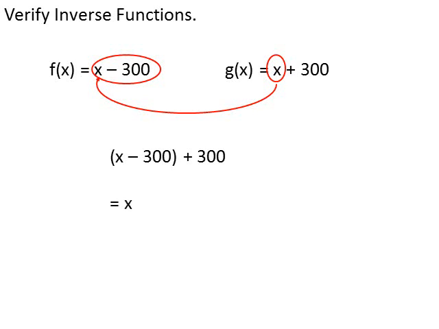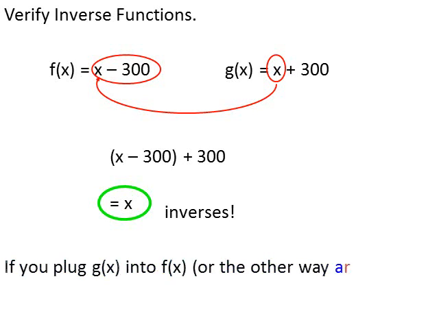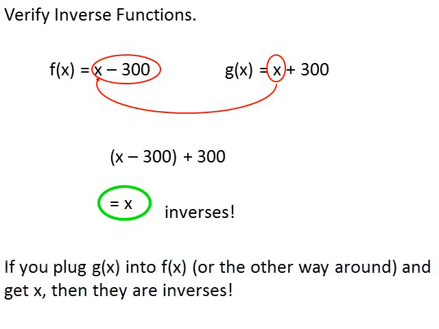Clearly the 300s cancel out, and I'm left with x. So those are inverses. So if I plug f into g, or the other way around, and when I simplify that, if I can get x by itself with nothing else, then those are inverses. Any other answer is going to give me two functions that are not inverses of each other.